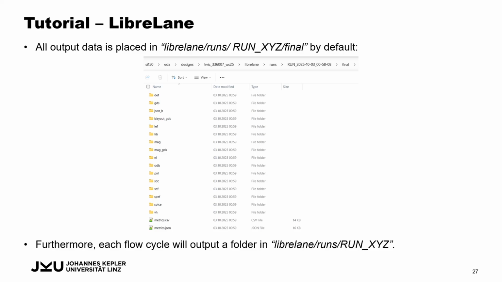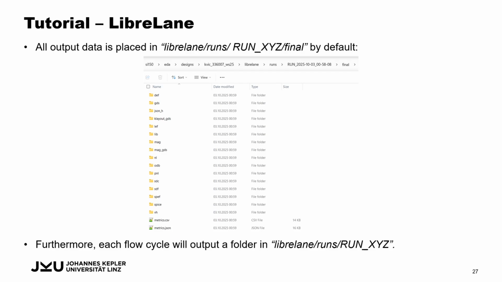And then the output is a folder structure like this. In the LibreLane folder where the config.json is located, a runs folder is created, and in this runs folder, all the different runs are saved. And if we take one, for every flow cycle, I think there are 78 now, a new output folder is added for every step on the way.